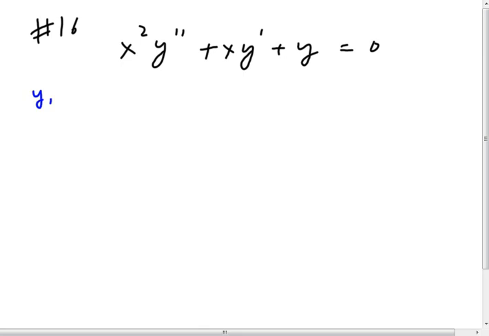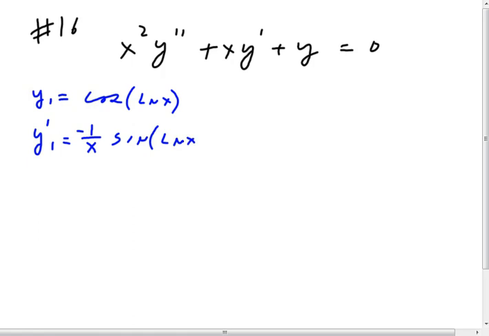Okay, so y1 is cosine of the natural log of x. So y prime 1 is going to be 1 over x minus 1 over x sine the natural log of x. Y double prime 1, what is that going to be?